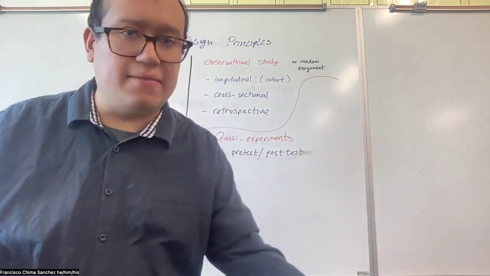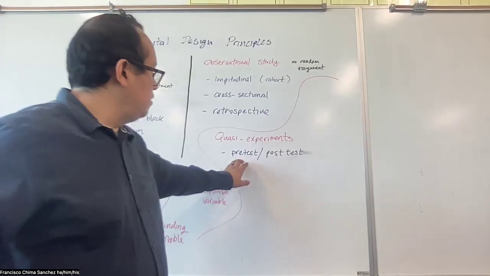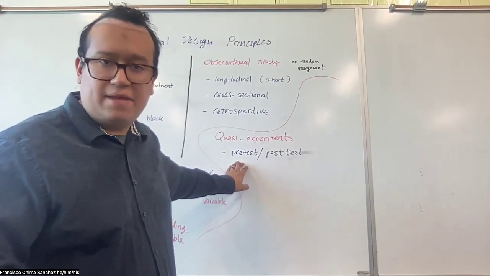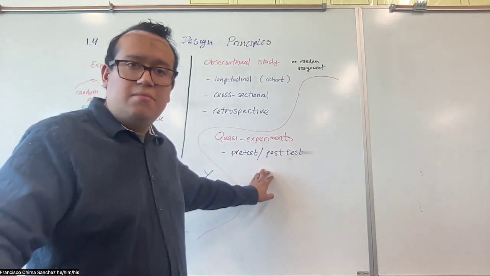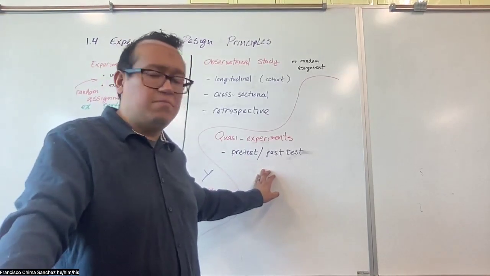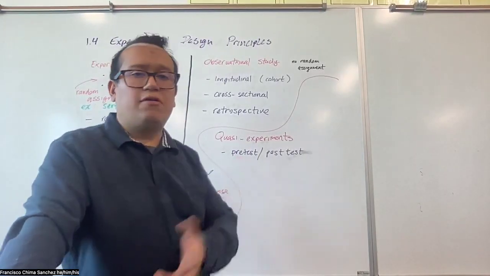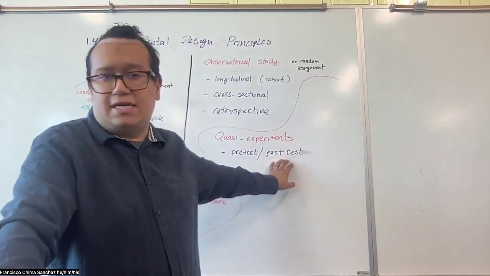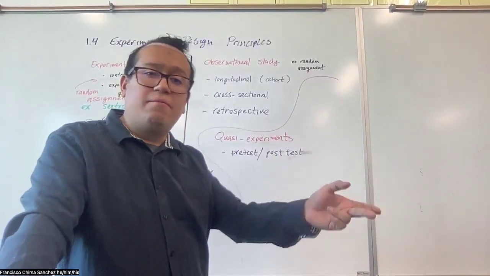We're not separating them into a control or a treatment group, but we initially test them or collect data from them. Something in the intervening time happens. Maybe it's something out of their control, out of your control. Maybe something is applied, like for instance, a new learning protocol, or they take some sort of assessment, and then a post-test where you collect data again from the same people, and you're trying to compare before and after.